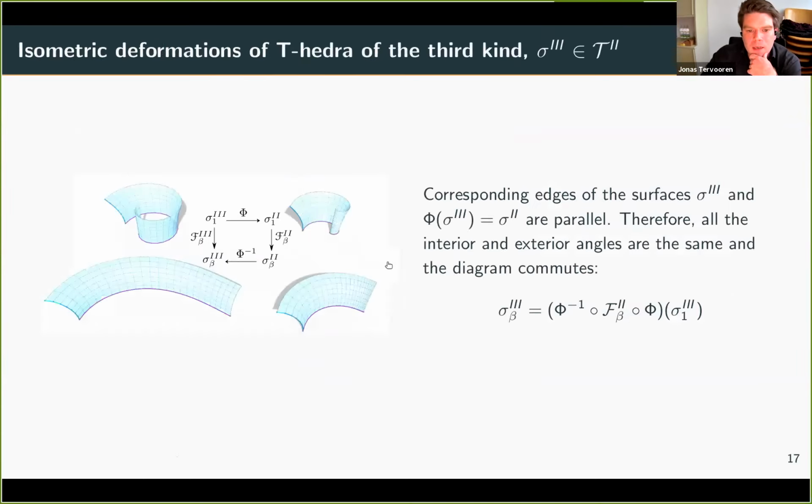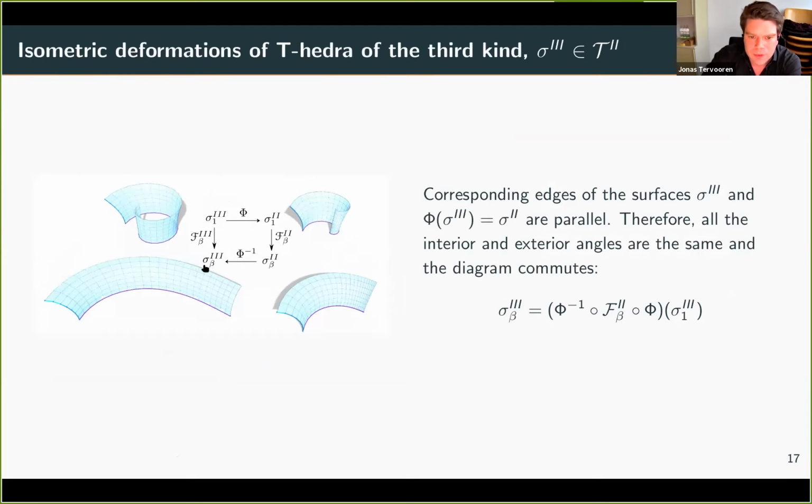And if we do so, we obtain an inverse, and that can be used to compute the isometric deformation of T-hedra of the third kind by first projecting to the corresponding surface of type 2, deforming it isometrically, and then projecting back to the third kind.